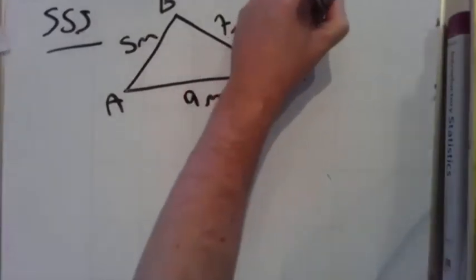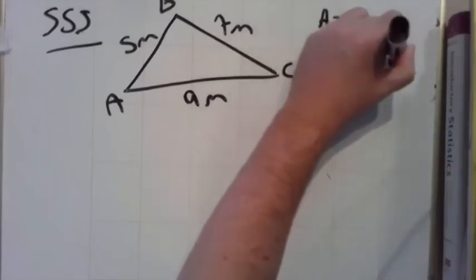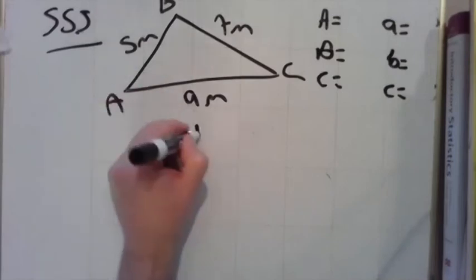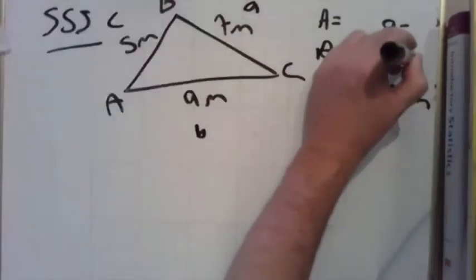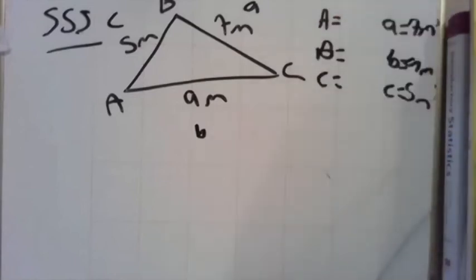So I've got ABC. So what do we know? Here's B, here's A, here's C. 5 meters, 9 meters, 7 meters.